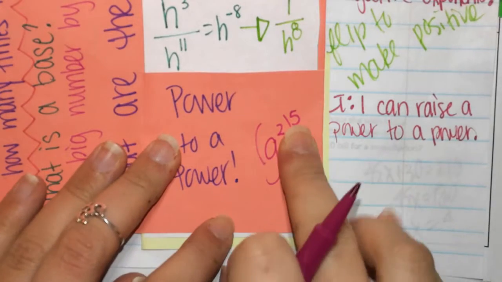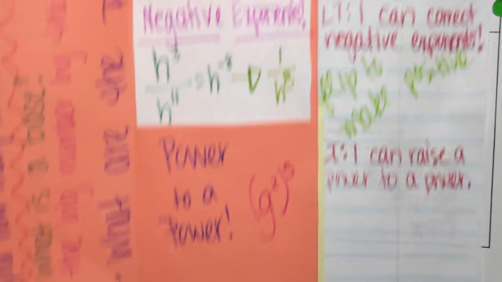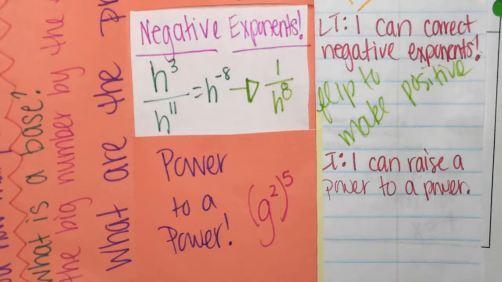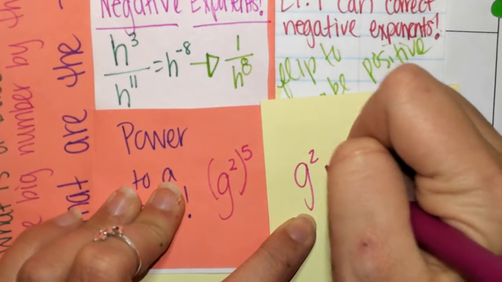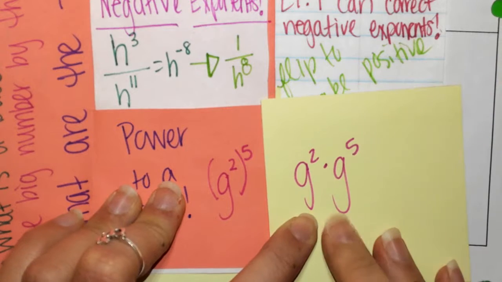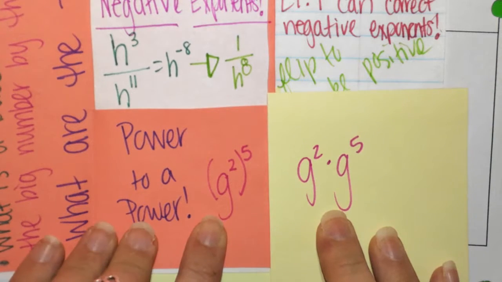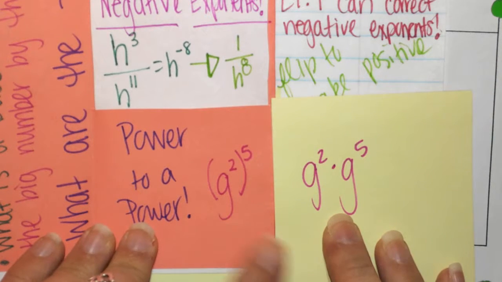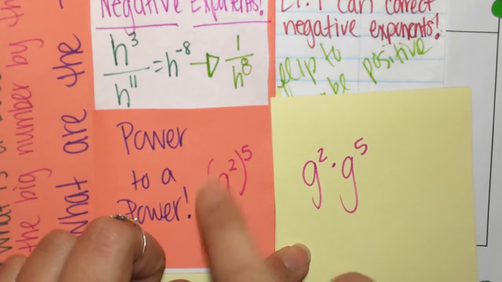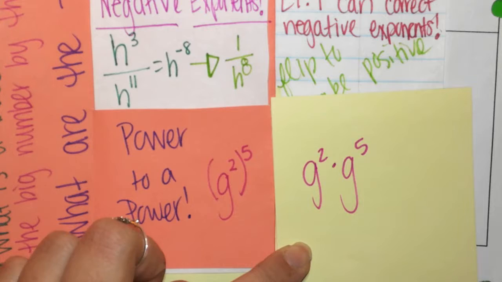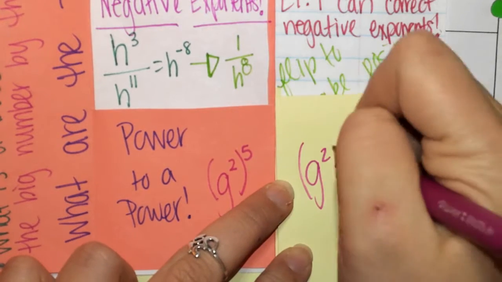That's raising a power to a power. Now, before we go any further, what is the difference between this problem and this problem? What are you going to do? You're going to multiply them, take a point. But what is the difference between this problem and this one? What if I did this?